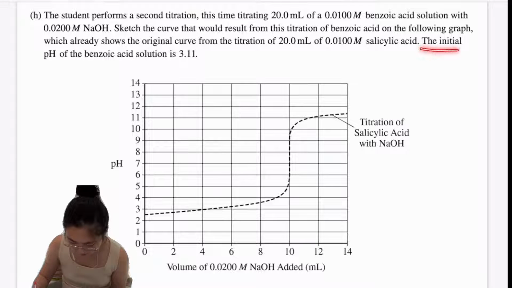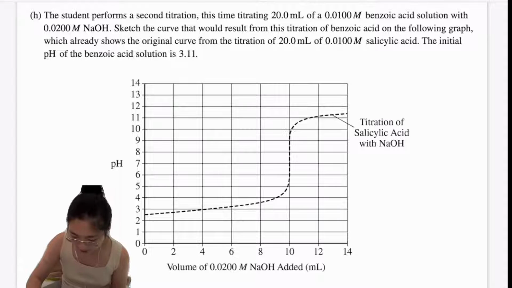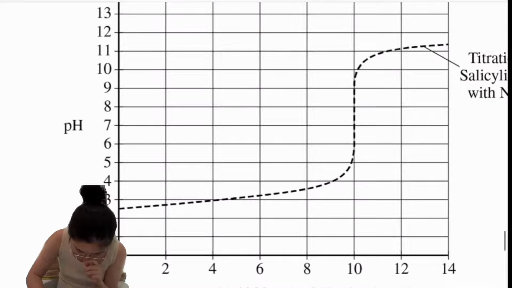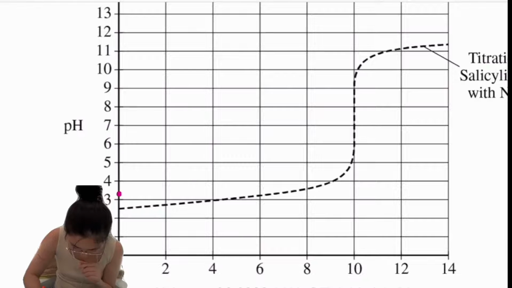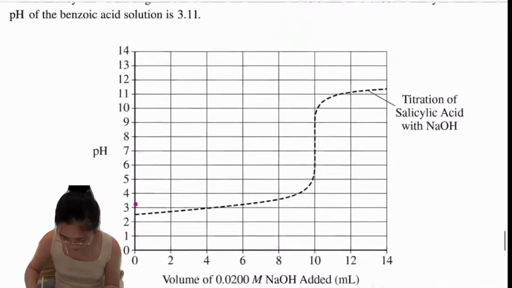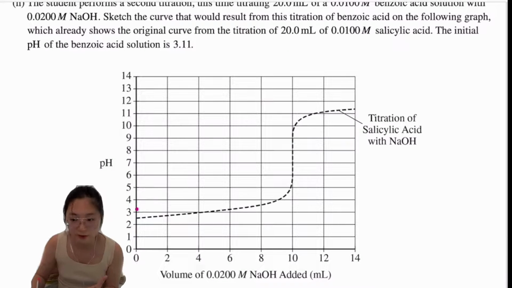And then it says the initial pH of the benzoic acid is 3.11. So I just need to plot a couple of points. The initial point is 3.11, so it will be a little bit higher than the salicylic acid, approximately here, close to 3. And then the next is the half equivalence point.